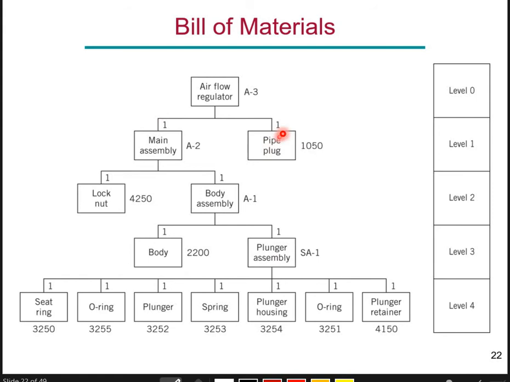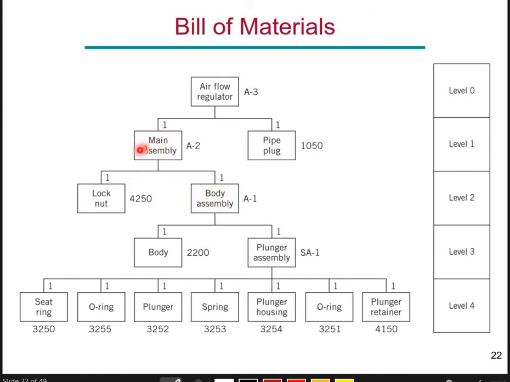So we are using one pipe plug, assembling it to the main assembly, and you come up with this product. And so we said that this is level 0. The components of this final product are assumed to be one level deep at the bottom. So we call it level 1. In order to obtain the main assembly, we need to assemble the lock nut to the body assembly.